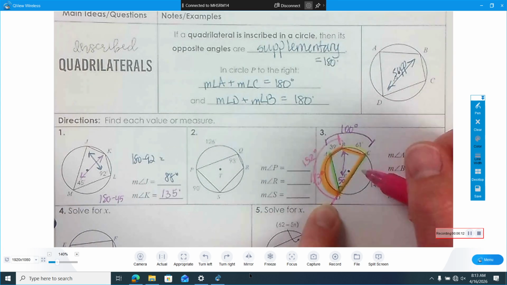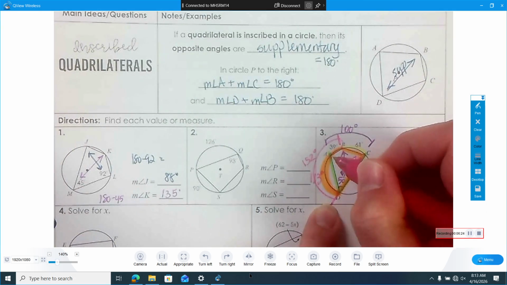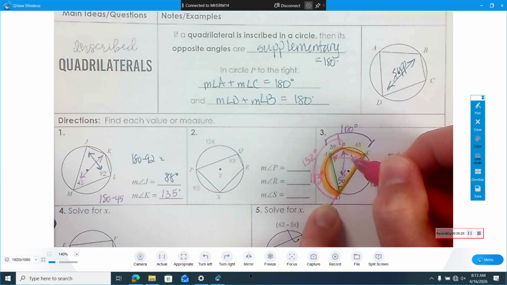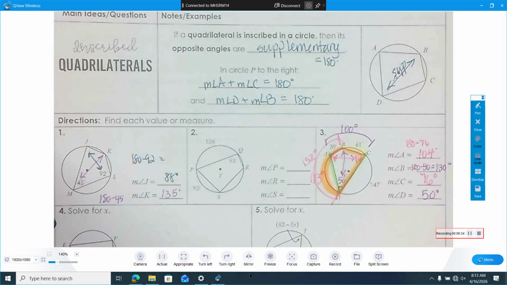And then how do we figure out angle C? Divide by 2. Thank you. So we get 76 for angle C. And then, of course, we can see that C and A are supplementary. So 180 minus 76 is 104 degrees.